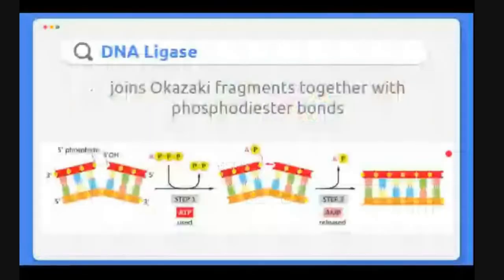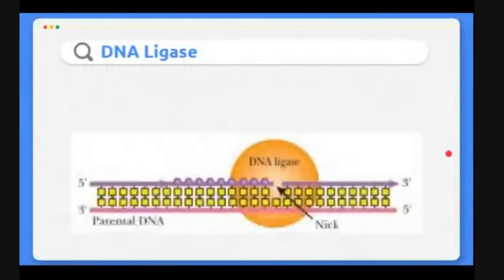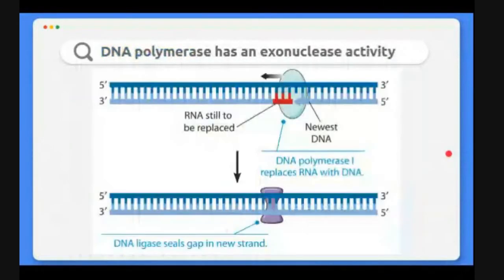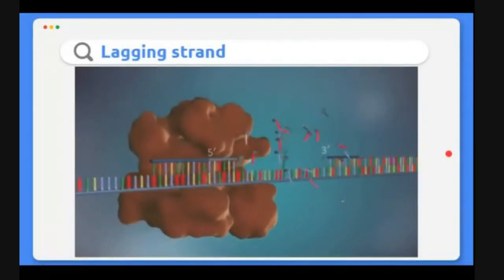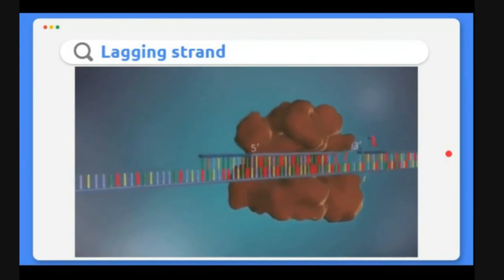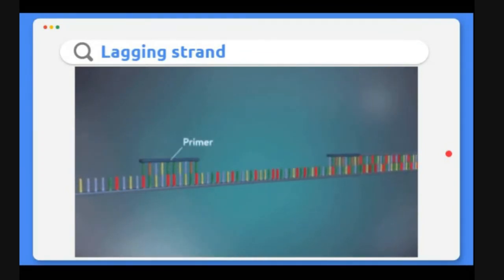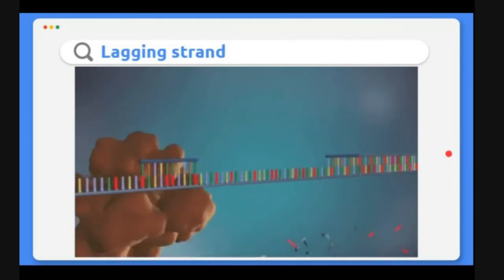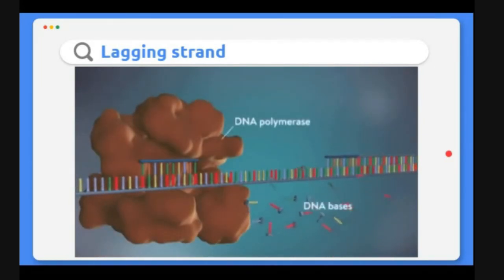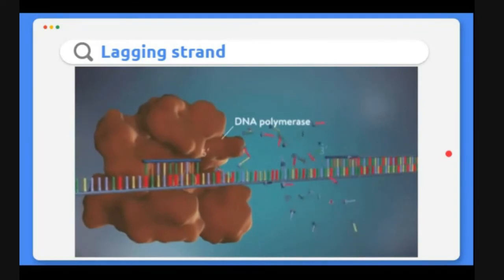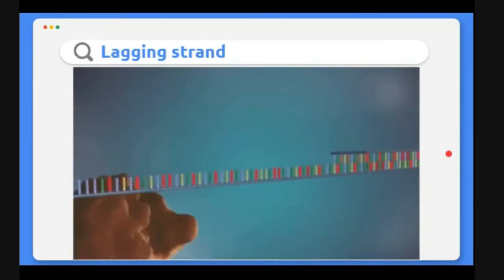Yung Okazaki fragment mo, yun yung tawag sa fragments, sa segments in your lagging strand. Yun lang yung tawag basically sa segments of DNA synthesized in your lagging strand. Yun yung Okazaki fragments.